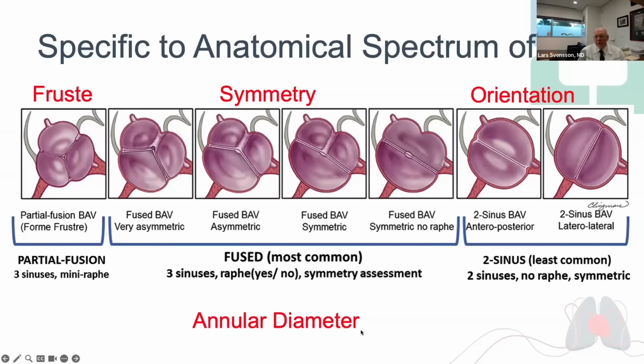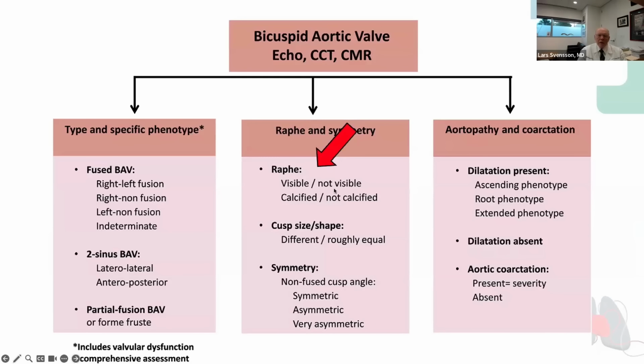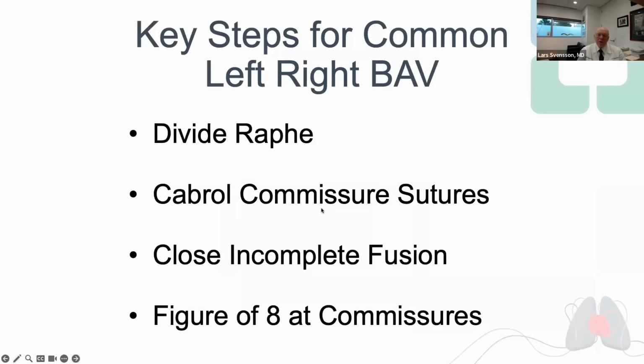And then annular diameter gives us a lot of information about how likely we are going to be able to repair a bicuspid valve. The raphe, we look at that too, and as I mentioned, if there's a lot of calcification there, that usually is an indication that the valve repair is probably not going to hold up long term.